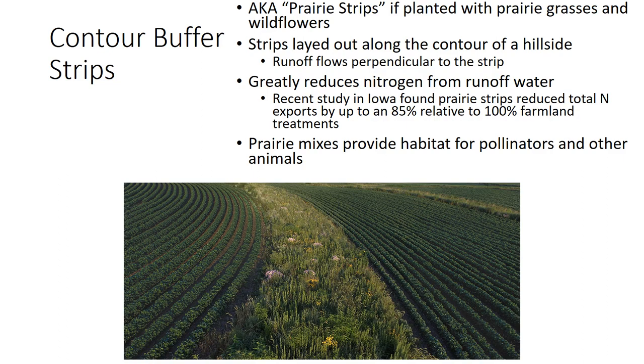But if that water is instead infiltrated and could be used, and the nitrogen could be used by these crops or denitrified within these contour buffer strips, then we're going to remove some of that nitrogen export that might have happened in the soil otherwise. So contour buffer strips are a good conservation practice that accomplishes some of the same goals, removing nitrogen or preventing export of nitrogen from the farm.